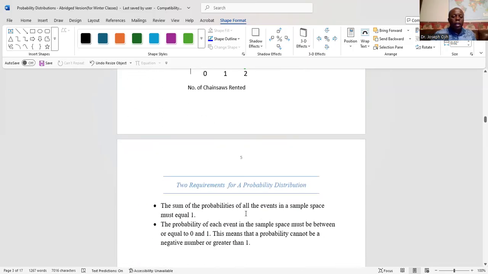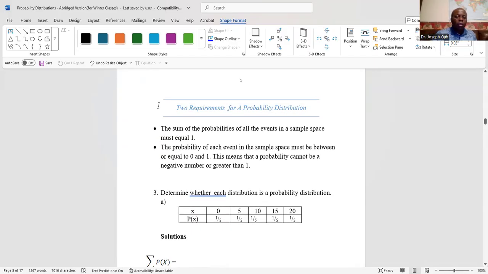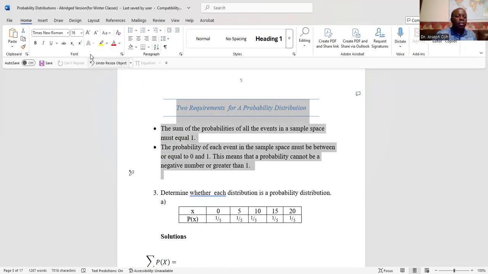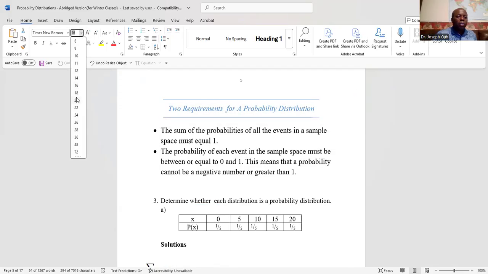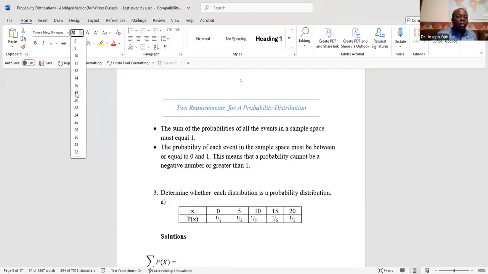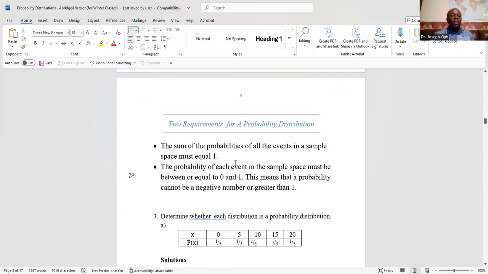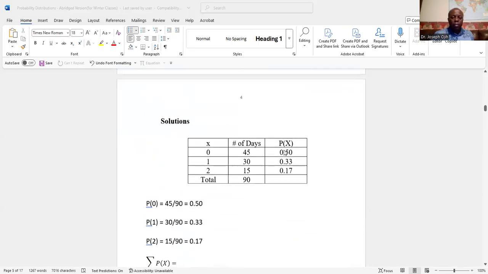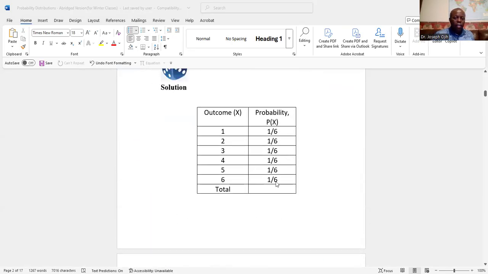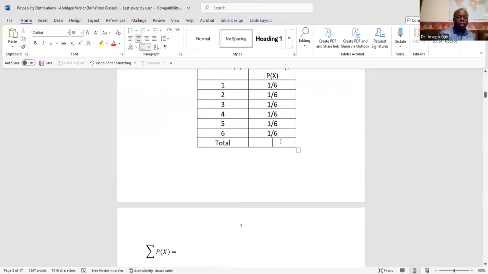Okay, good. Now this brings us to the 2 requirements before we can call something a probability distribution. First is that the sum of the probabilities of all the events in a sample space must equal 1. Now look at this, for the first one we did right here. If you add all of them here, they have the same denominator. So 1, 1, 1, 1, 1, 1. So that's gonna be 6/6.